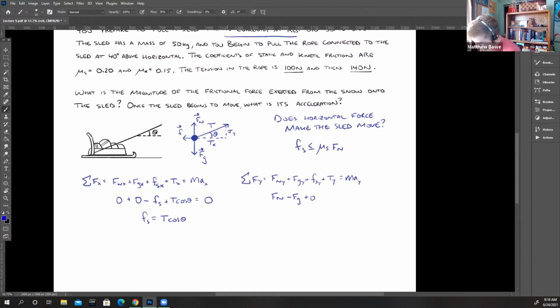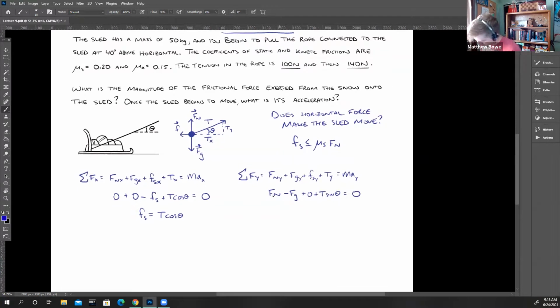There's a little bit of a vertical force of tension. But the object isn't moving up and down, so that is 0, no acceleration. Let's solve for the normal force right here. F sub n equals F sub g minus tension times sine theta.